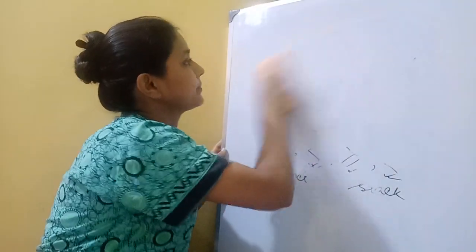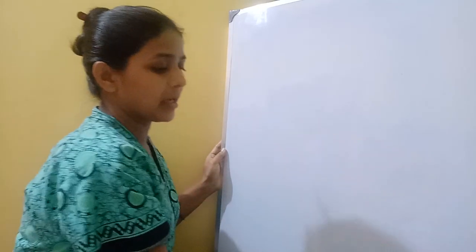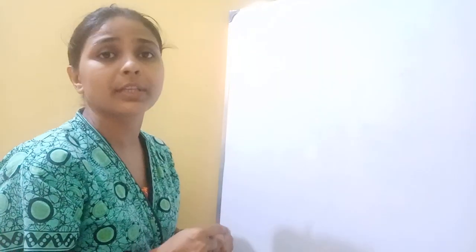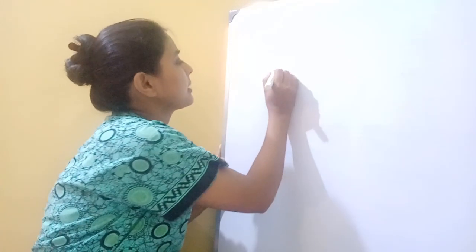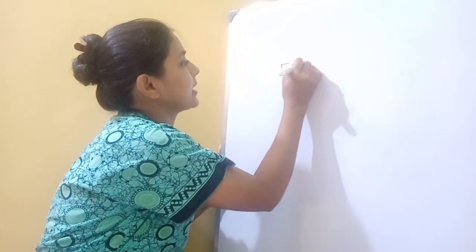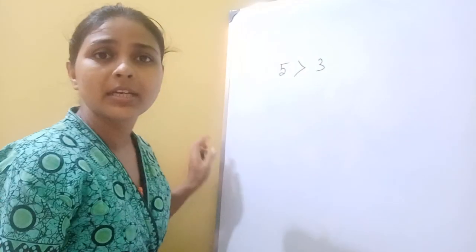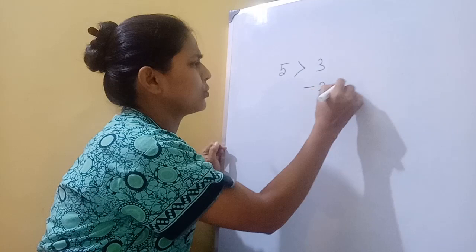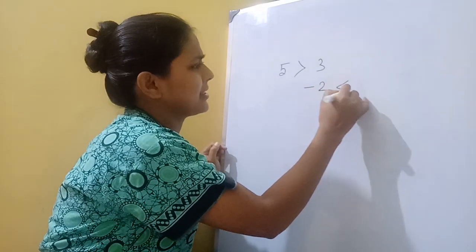Inequality can be done with numbers, it can be done with variables. Suppose you all know that 5 is greater than 3, or suppose minus 2 is less than 1.